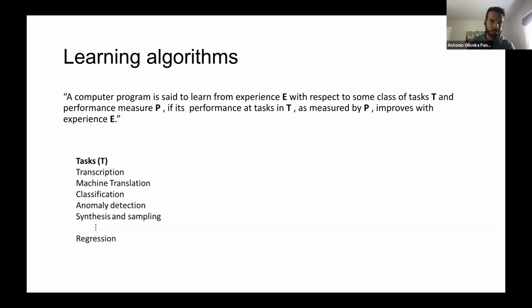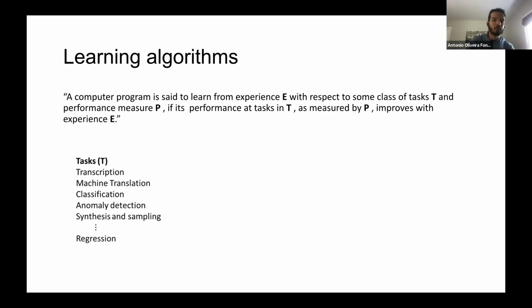A learning algorithm is a computer program, and it's said to learn from an experience E with respect to some class of tasks T and performance measure P, if its performance at tasks in T, as measured by P, improves with experience E.